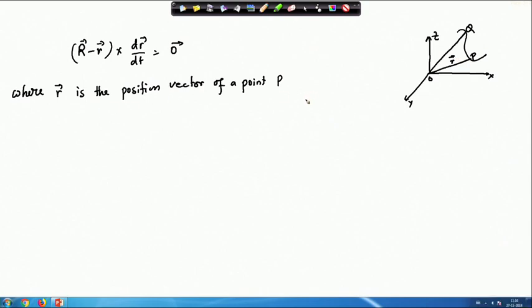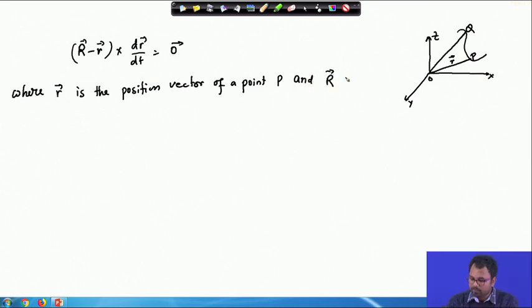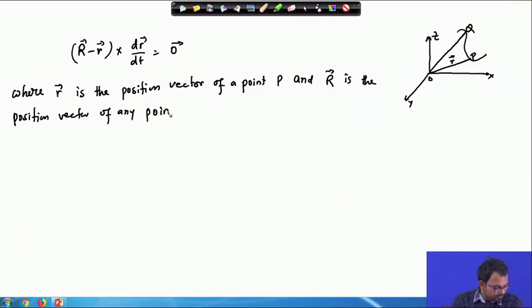So r is the position vector of a point P, and capital R is the position vector of any point on the tangent line, and the equation of the curve is of course given by r equals f of t.